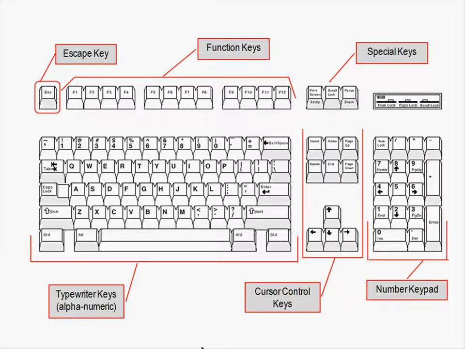And just like regular old-fashioned typewriters, pressing the Shift key, and you'll find Shift keys on the lower left and lower right side of the keyboard, enables you to make capital letters out of the regular letters of the alphabet, or if there's two commands on a key, pressing Shift will allow you to type the upper command. For instance, if you wanted to type a $ sign, you would press Shift and then press the number 4 at the very top where the $ sign is.